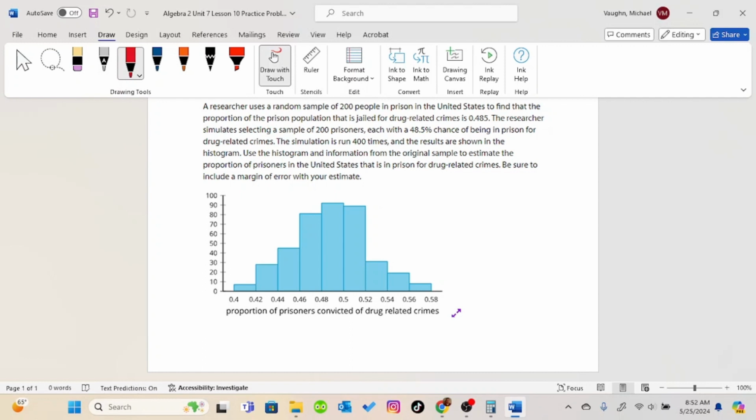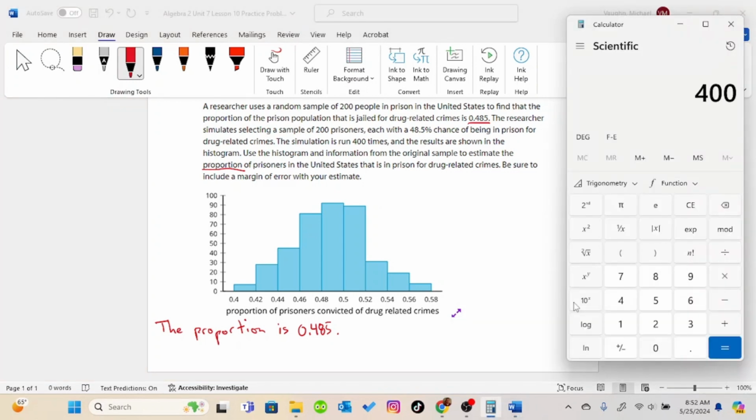So, the proportion was 0.485. The margin of error should be 2 standard deviations so that we get 95% of all results.